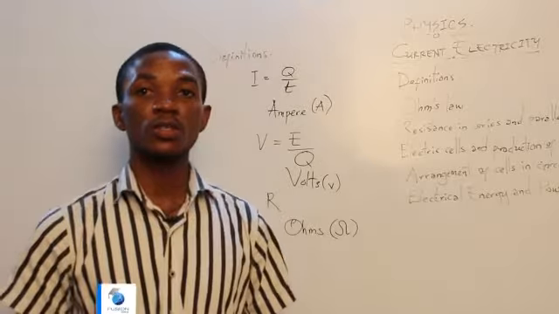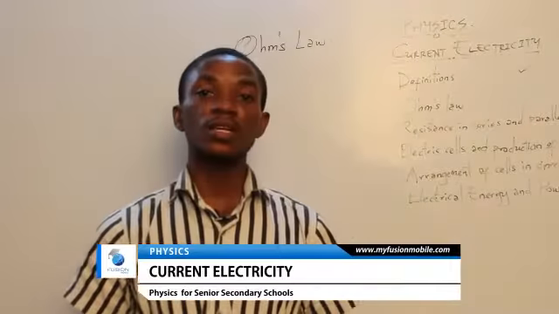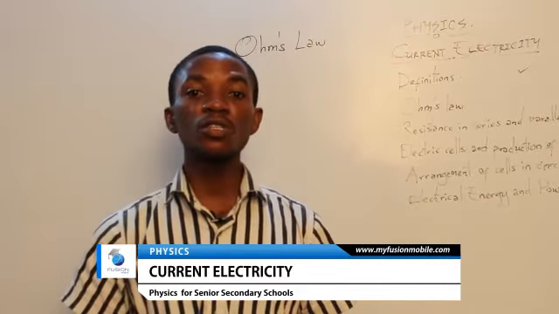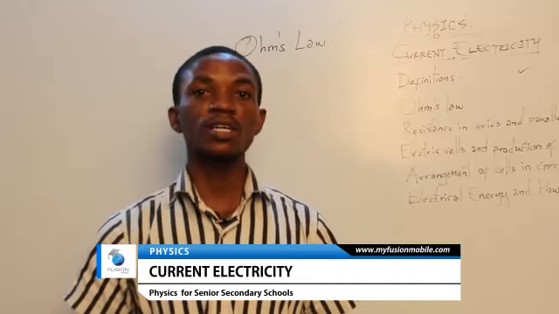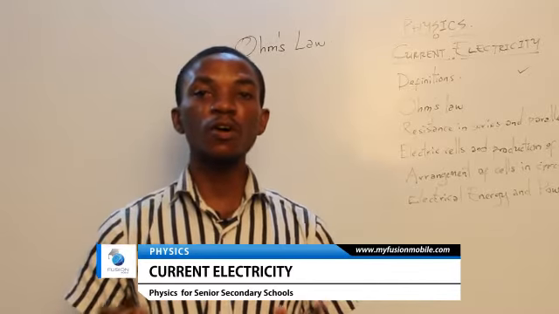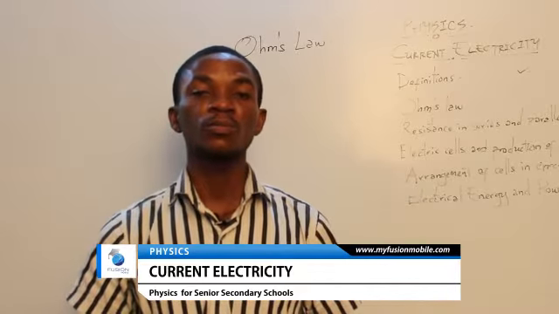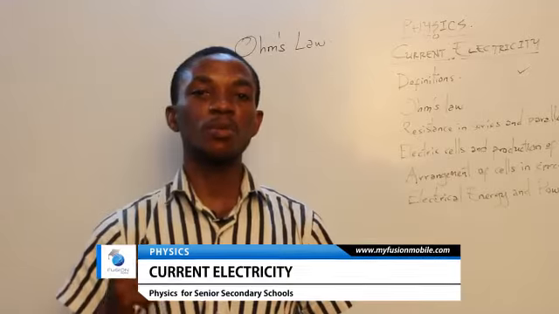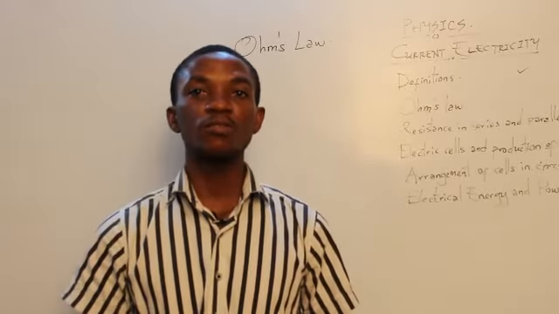And that takes us to Ohm's law. Ohm's law states that when electric current is flowing through a circuit at constant temperature and pressure, if all things being equal, the potential difference is proportional to the current flowing through it.